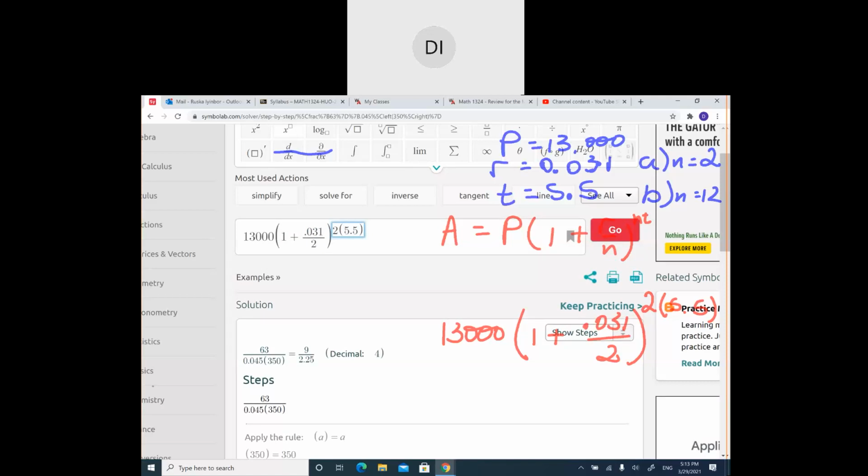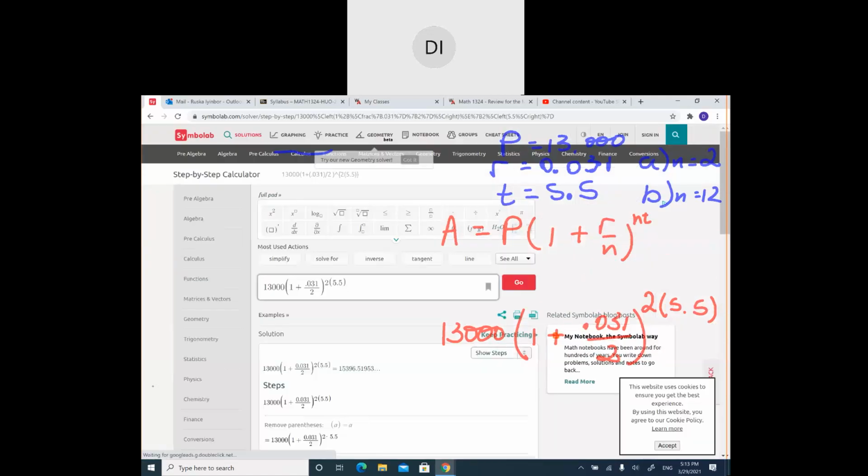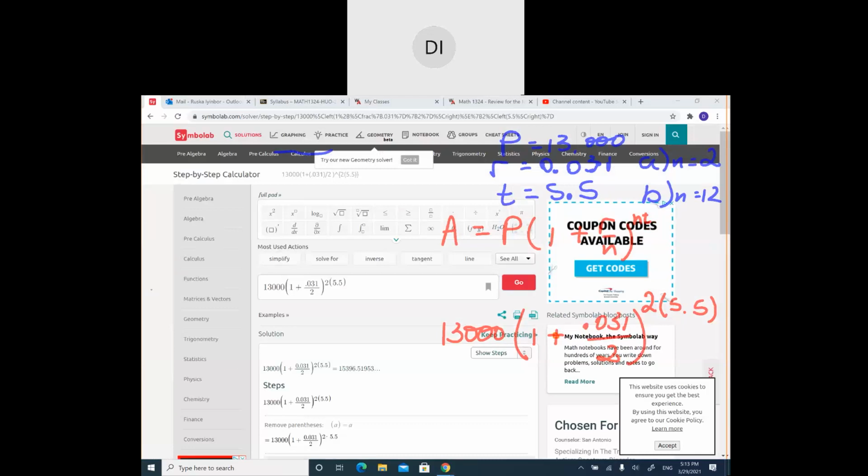So my first answer for A, when you round, is 15,396.519. If you have 9, that's going to be 52. So that's the answer for A.